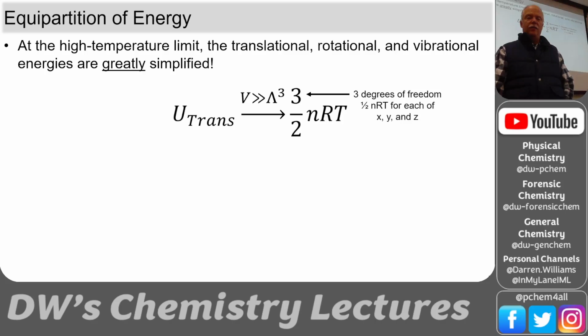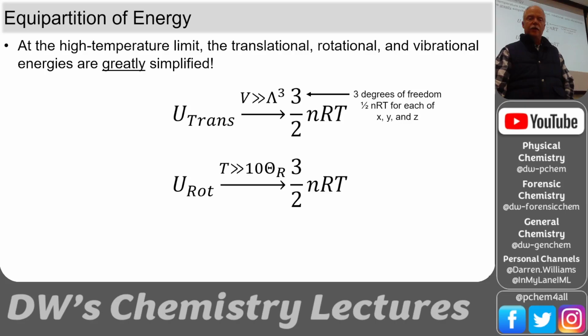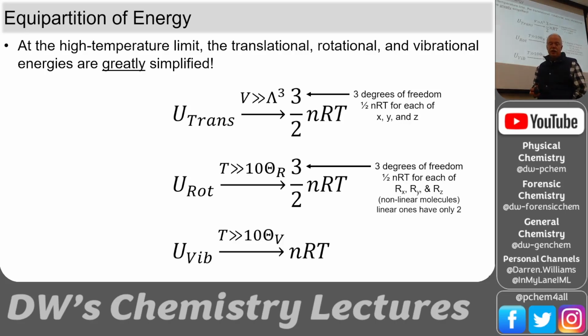So when the volume is much greater than the thermal wavelength, or when the temperature is greater than 10 times the rotational temperature, or when the temperature is 10 times the vibrational temperature, then the internal energy is just these values. Notice it's a totally different equation. We're not calculating probabilities. We're not using Boltzmann factors. We just need to know the temperature and the ideal gas law and the number of moles.